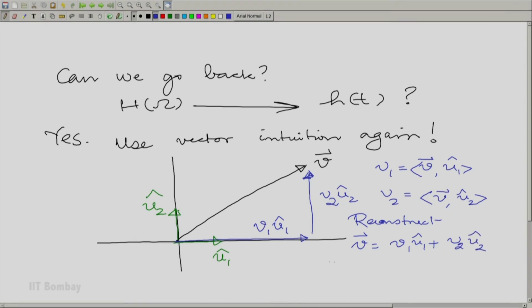This is the important idea here. How do we reconstruct a vector from its orthogonal components? Now, here I have assumed orthogonal components. So, there is an issue here. We do not know if these different sinusoidal components are orthogonal or not.